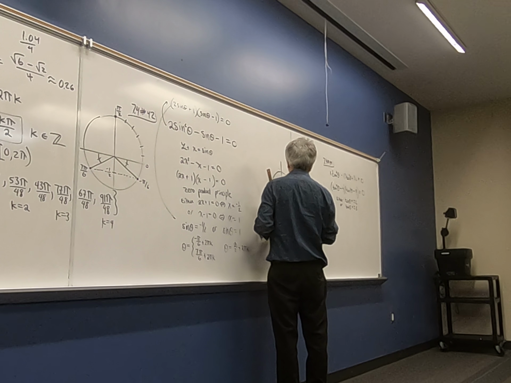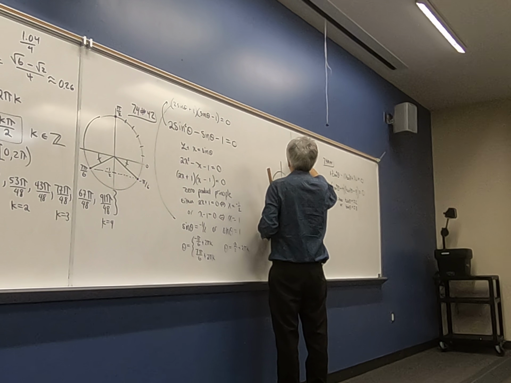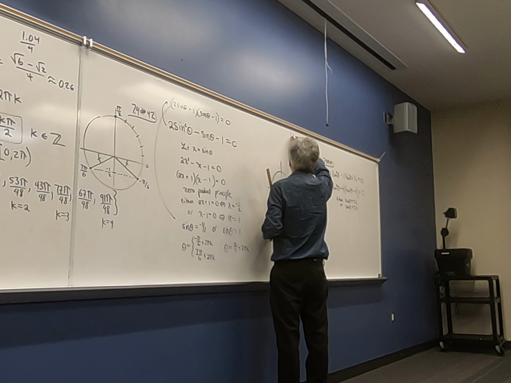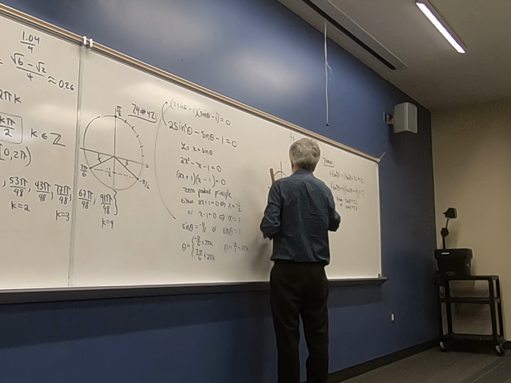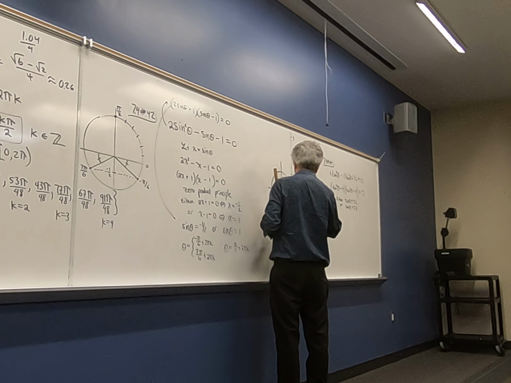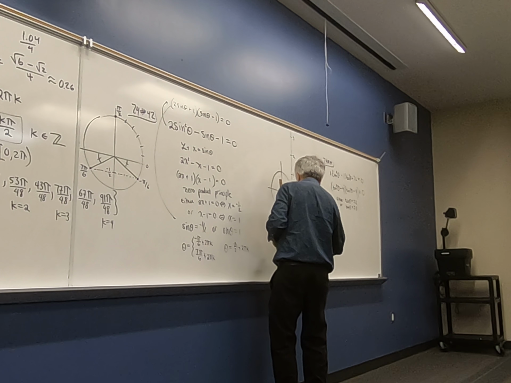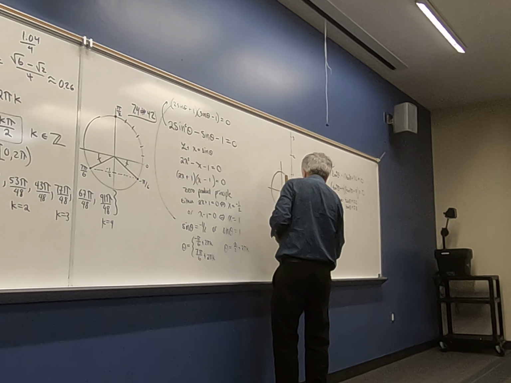So the radius is 1, and so this is 1 here. If I mark off another one, I get 2. If I mark off another one, I get 3. And I can do the same thing going down, right? There's -1, another one, -2, another one gives me -3.